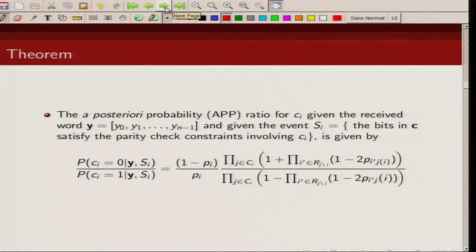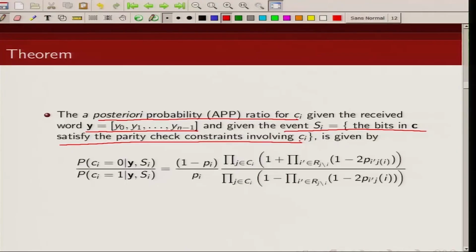So, then we can write down the expression for a posteriori probability of our code bit Ci given our received sequence is Y and given that the parity check constraints containing Ci has been satisfied. So, what is the probability of Ci being 0 given a received sequence Y and given that the parity check constraint involving Ci has been satisfied.